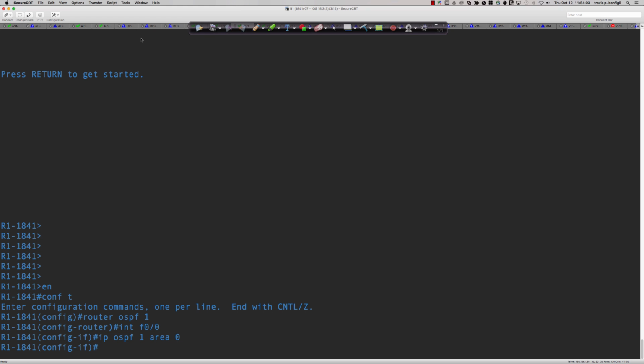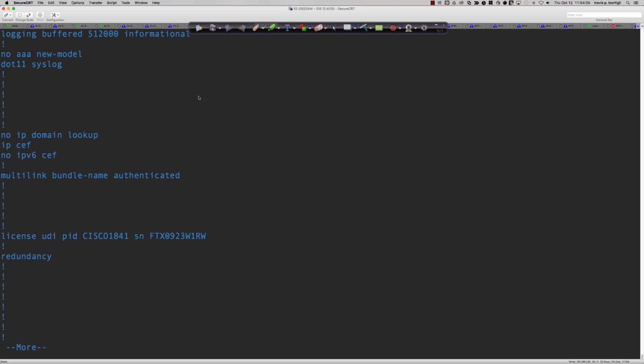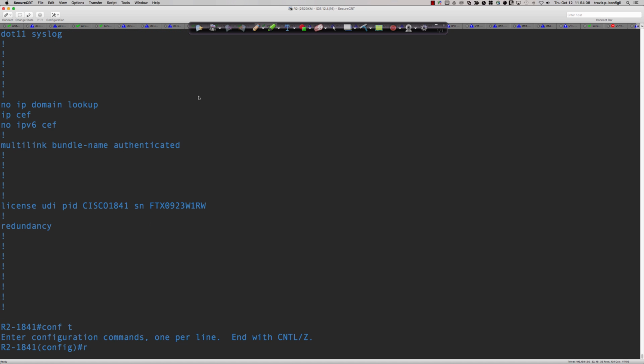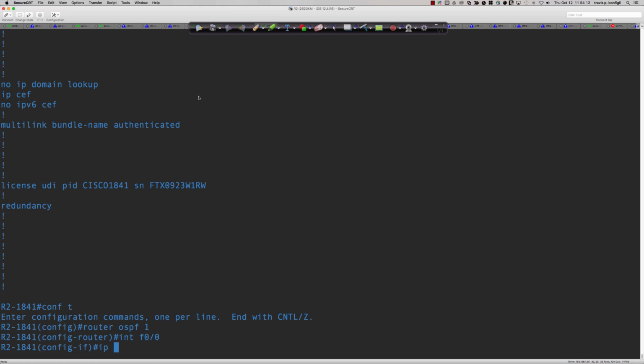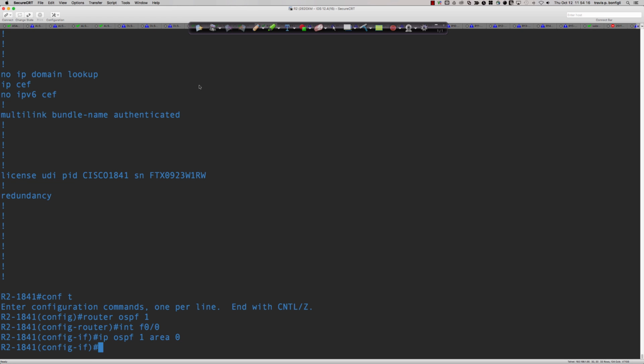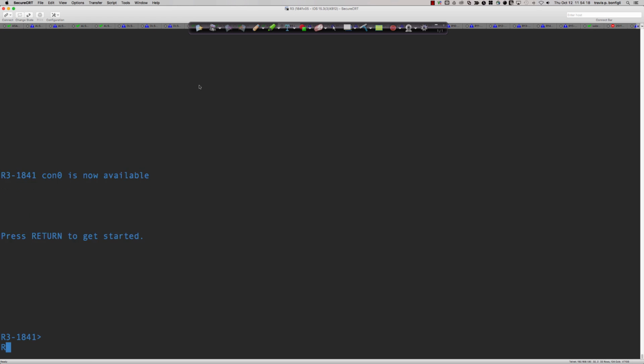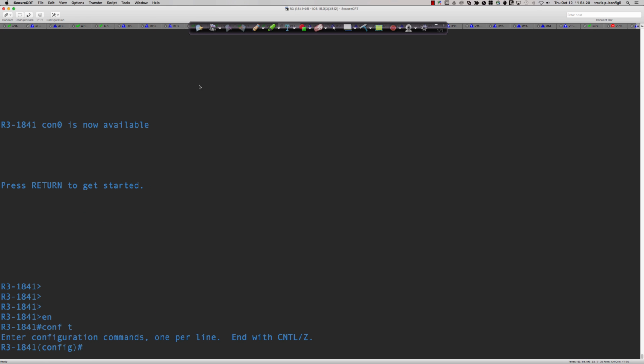So we enable router 1. Let's go to router 2 and do the same thing. Global config, router OSPF 1, interface FastEthernet 0/0, IP OSPF 1 area 0. Then I'm going to go to router 3 and do the same thing. I'm going to use 3 routers here as well. Oh, actually, we'll use 4.